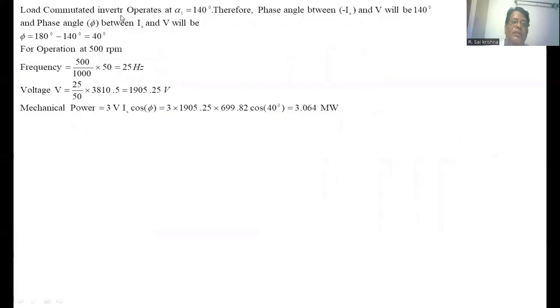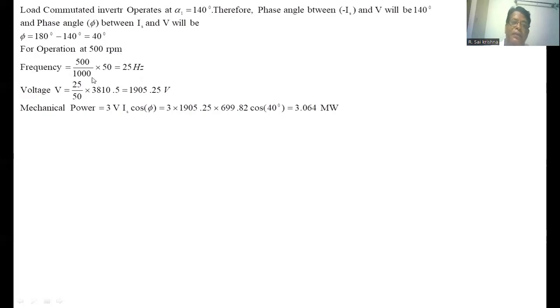The load commutated inverter operates at alpha L equal to 140 degrees. Therefore, the phase angle between minus Is and Vs will be 140 degrees. So the phase angle between Is and V will be 180 minus 140, which is 40 degrees. For operation at 500 rpm, we now find how much frequency is required.